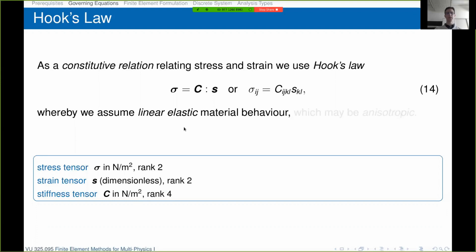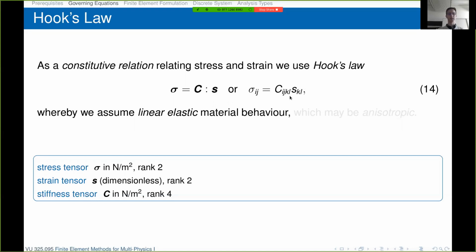So the relation we have here is that the stresses are equal to the double contraction of the stiffness tensor with the strain tensor. The double contraction is given here in index notation. As with the simple dot product, this is a sum product, now over 2 dimensions. So this is why we have 2 dots. We have 2 sums to do over the indices k and l.